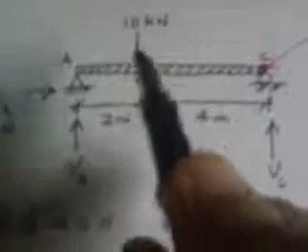Okay, VA is the first force. The second force is 10 kilonewtons, and it is at a distance of 4 meters from C, which is the center of rotation. So then the next one will be 10 times 4.